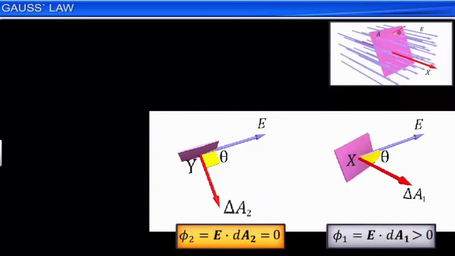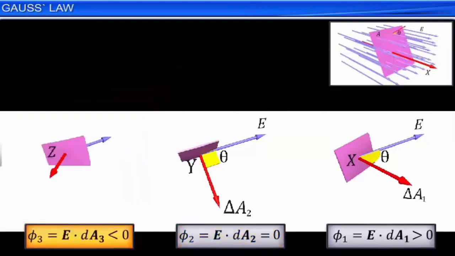For all such elements, the flux through the surface is 0. Similarly, since theta is obtuse for element Z, the flux through the element is negative. For all such elements, the flux through the surface passes from the inside to outside. That is, they have an outwardly normal flux.